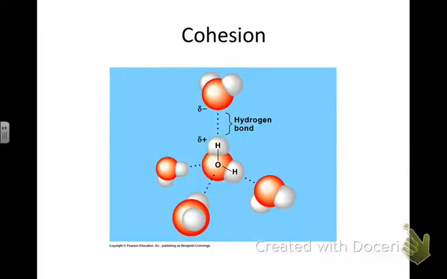Okay, so the word cohesion, guess what? It's because of the hydrogen bonds that it does cohesion. This is where water binds to water. And I'm actually going to draw it for you. This picture is good, but I want to draw it. So you have a hydrogen and an oxygen. That's what water looks like in liquid state.